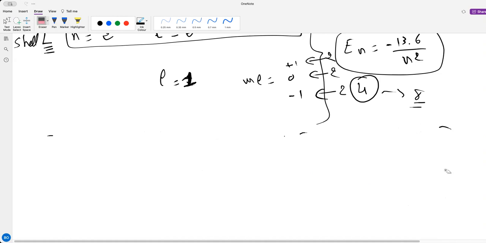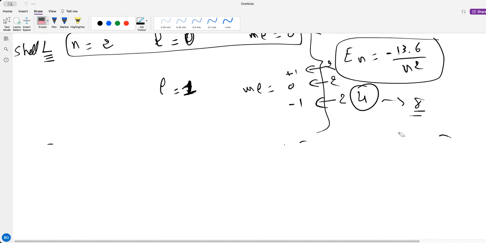How to remove the degeneracy is by applying a magnetic field. When you apply a magnetic field, the electron will have a magnetic dipole, and this dipole will acquire a magnetic energy.